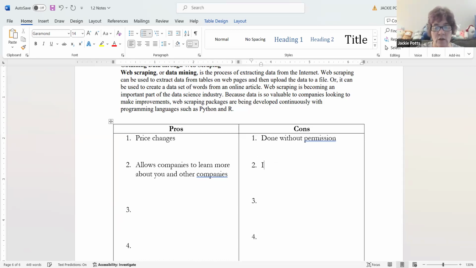But I'm going to ask a question though. Is it legal? No, but don't you block cookies? I block cookies. I actually run Express VPN. I don't want anybody knowing where I'm at. Some people feel it's an invasion of privacy. So, is it legal? Pro.